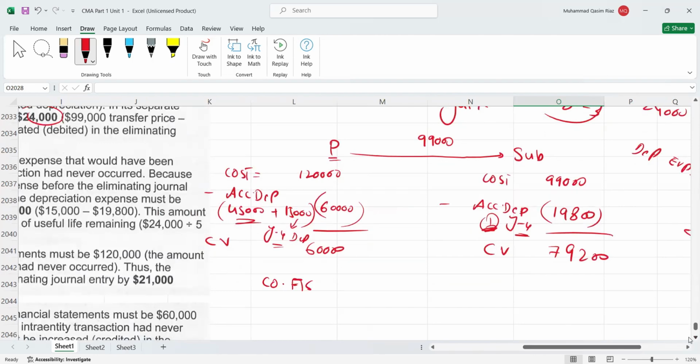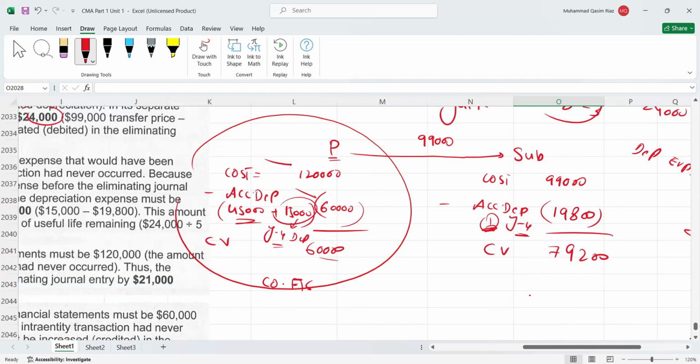Then what should have been the effect? We have to think this way while we prepare the consolidated balance sheet. If the intra-entity transaction had never occurred, then in year 4 the result should be: cost 120,000, accumulated depreciation 60,000, carrying value also 60,000, and year 4 depreciation should be 15,000.